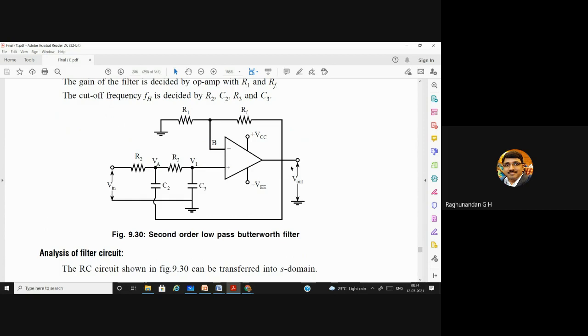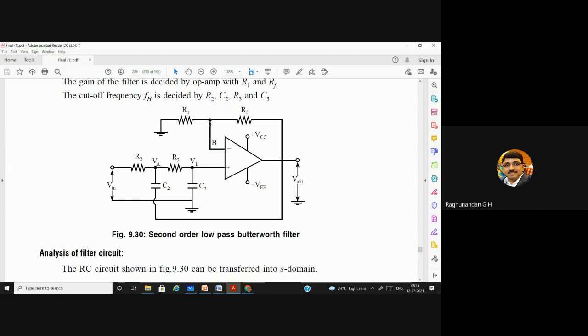But this analysis applies with respect to negative feedback, so we need to know the effective voltage we are giving to the positive terminal. When you know this voltage, only then can you consider that V in over this node.